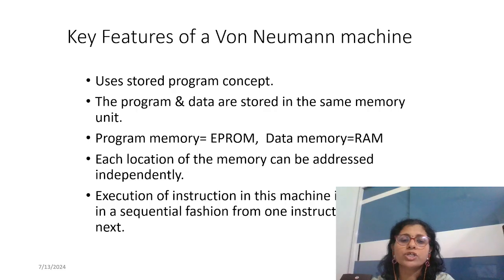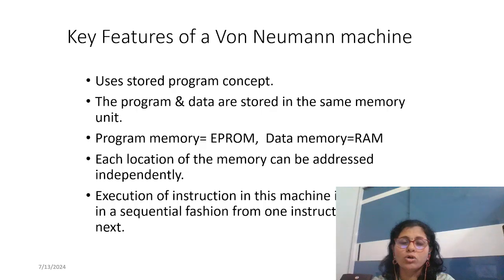Every location in the memory can be addressed by the memory address, and the size of this memory address depends upon the size of the address bus of the processor. If there is a 32-bit address bus, then the memory address will also be 32-bit, and every address in that particular processor is of 32-bit size.